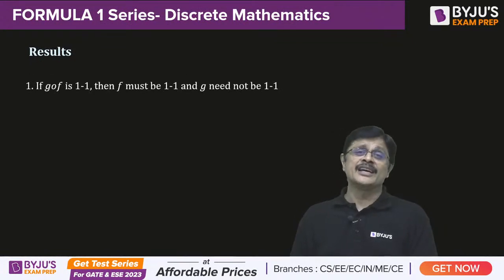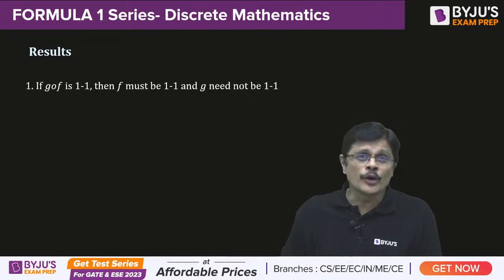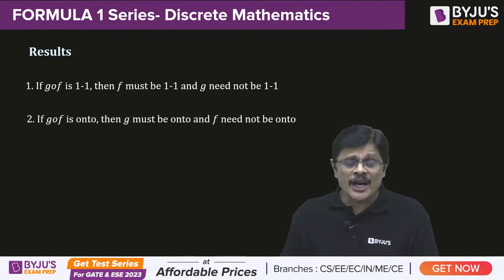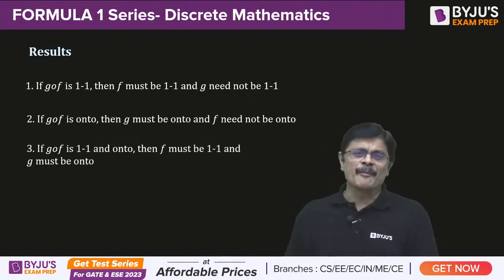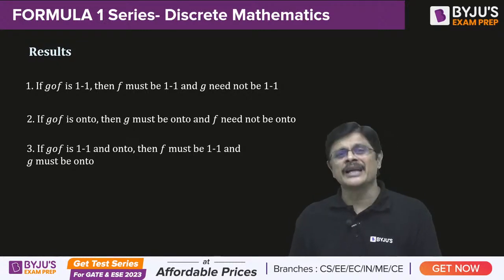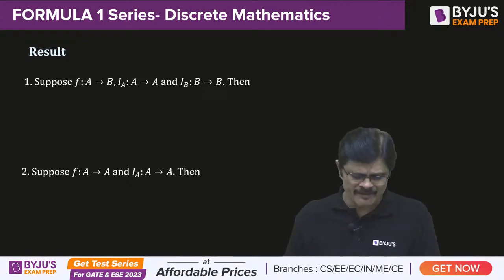If G circle F is 1-1, F must be 1-1; don't know about G. If G circle F is onto, G must be onto, but F need not be onto. And combining, if G circle F is 1-1 and onto, F is 1-1 and G is onto; the others we cannot say. This is a very important result, my dear friends.